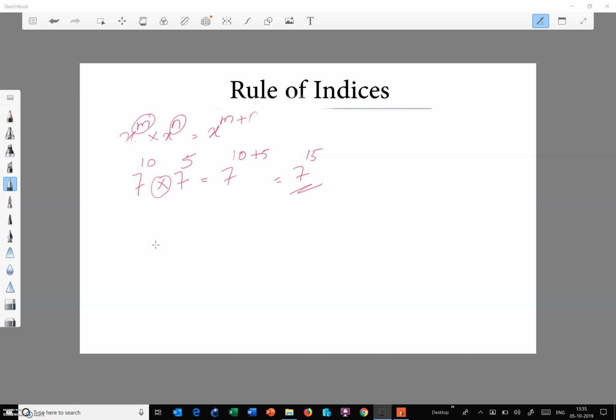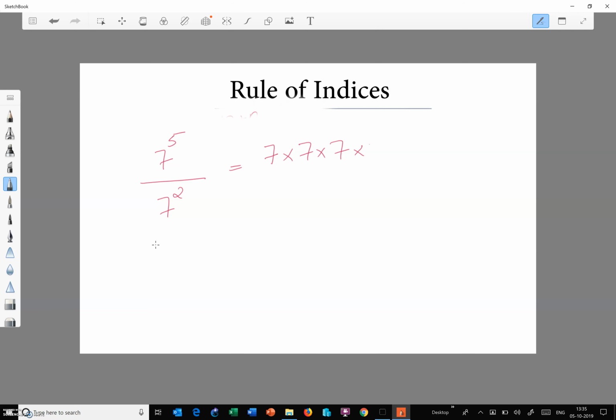In a similar way, let's see another type of operation, which is 7 to the power 5 over 7 to the power 2. Let's expand this out. That will be 7 times 7 times 7 times 7 times 7, which is 7 multiplied by itself 5 times, divided by 7 times 7. So we could cancel these out, so the answer would be 7 cube.